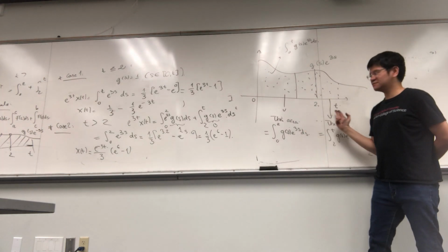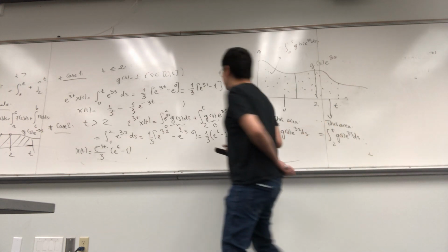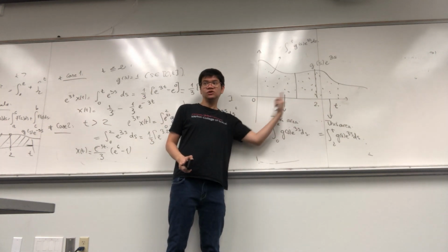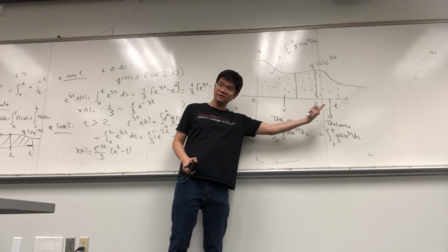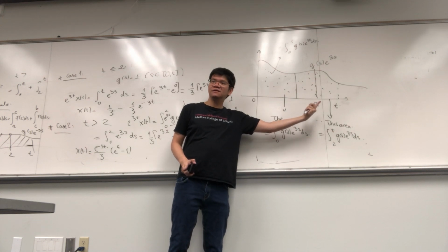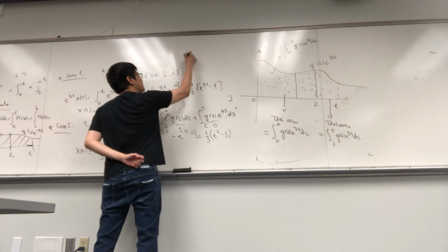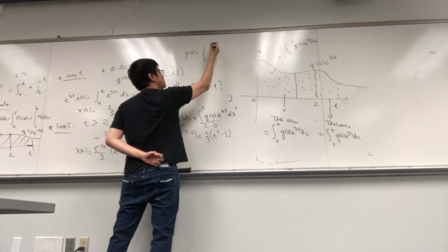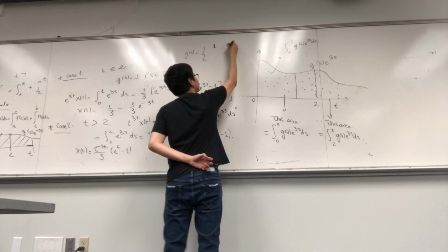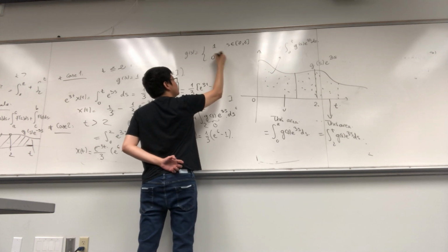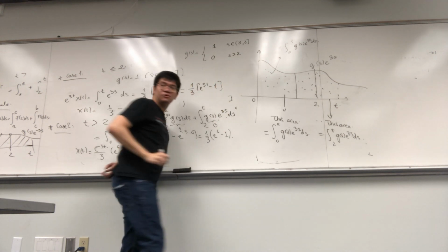But your question should be the following: when t is smaller than 2, why don't you subtract the 0 to 2 minus t to 2? But this is the same interval, right? Remember that g is defined to be 1 when s is from 0 to 2 and 0 when s is bigger than 2.